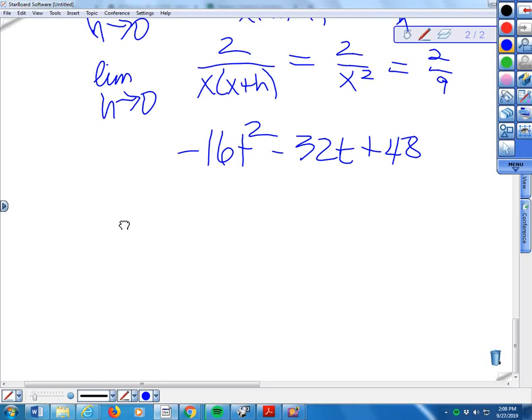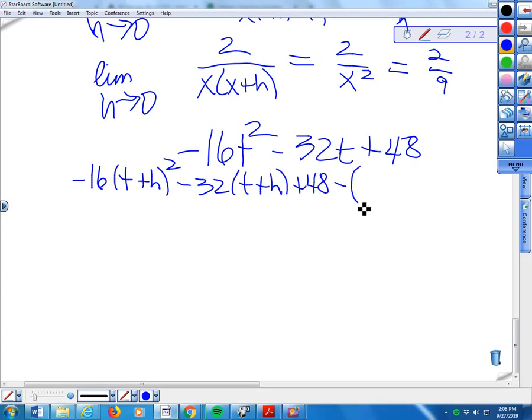Okay, so let's do the limit: -16 times t plus h squared minus 32 times t plus h plus 48 minus -16t squared minus 32t plus 48, all over h.